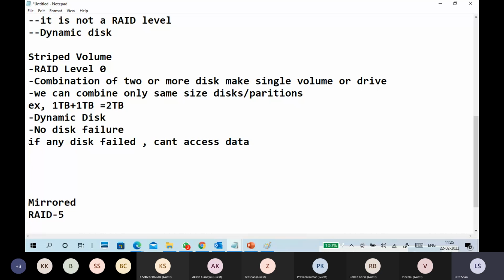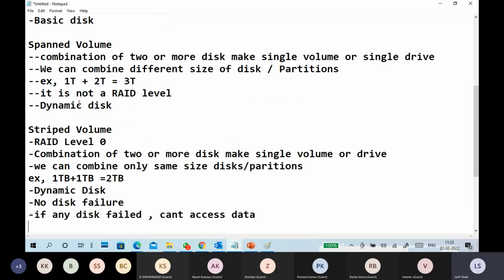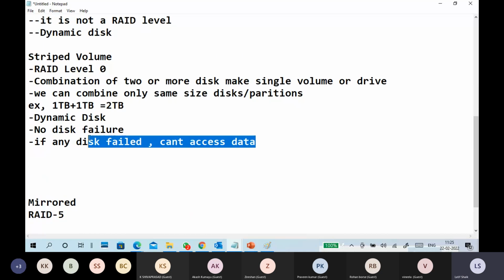If any disk fails, we can't access the data. The same goes for the spanned volume also, we can't access the data.